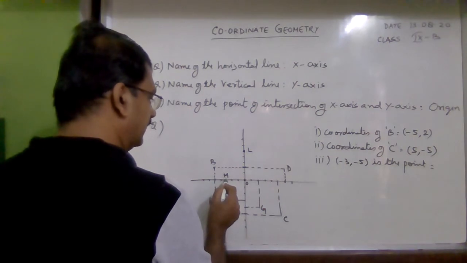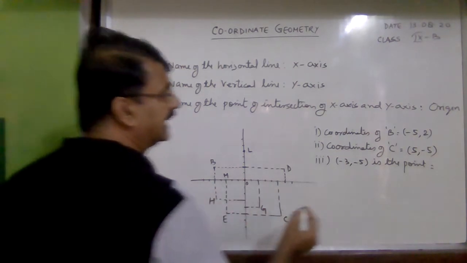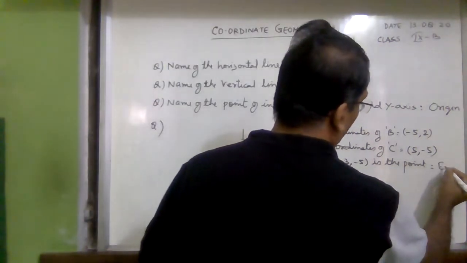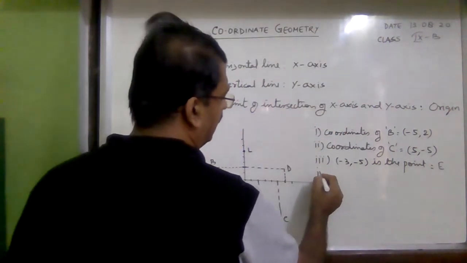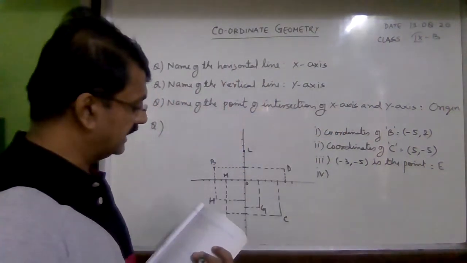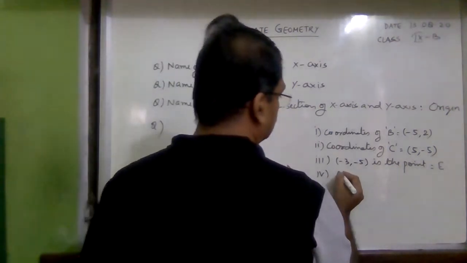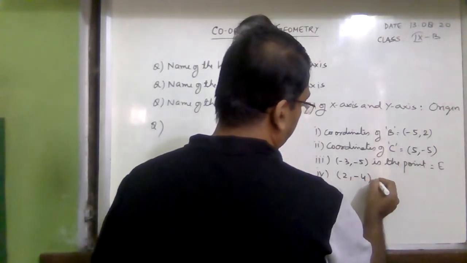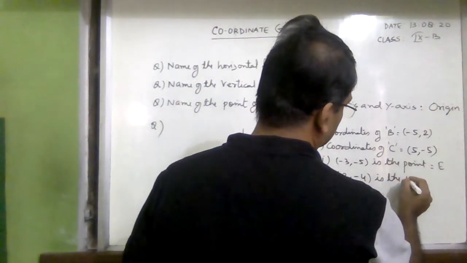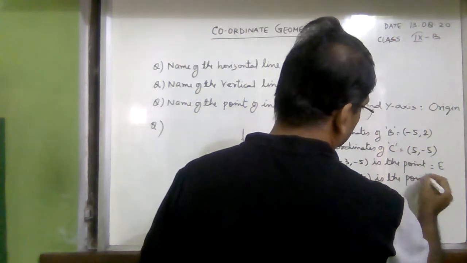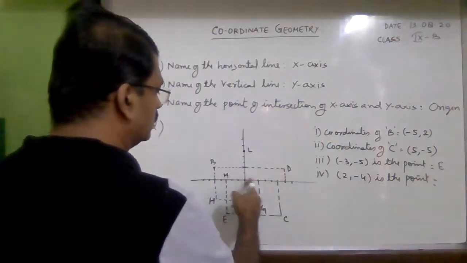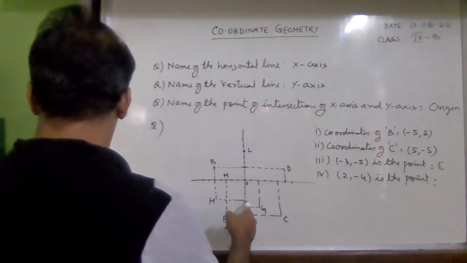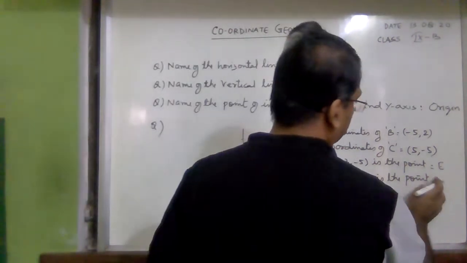This is -3 and this is -5, so it is E. The E point is -3, -5. Then 2, -4 is the point. 2, -4 is the G point.